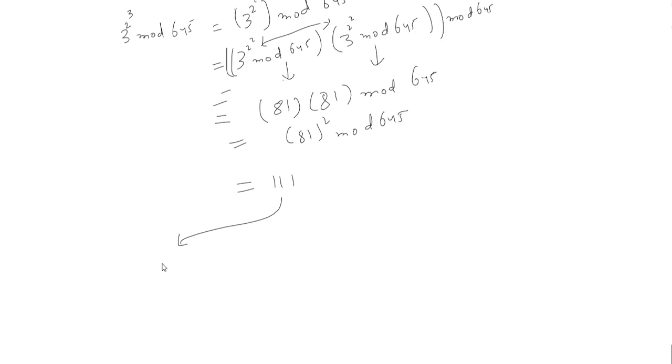Using this, we'll be obtaining 3 raised power 2 raised power 4 mod 645, which will be equal to 111 square mod 645, and the value that we'll obtain is 66.